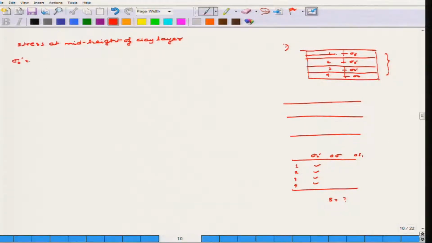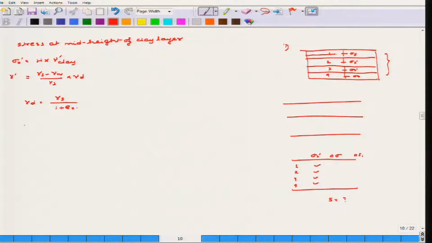Now, sigma naught dash is equal to H into gamma dash of clay. So now you have to find the gamma dash of clay. Gamma dash is equal to (gamma S minus gamma W) by gamma S into gamma D, where gamma D is equal to gamma S by 1 plus e naught.